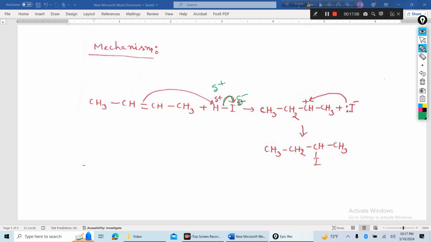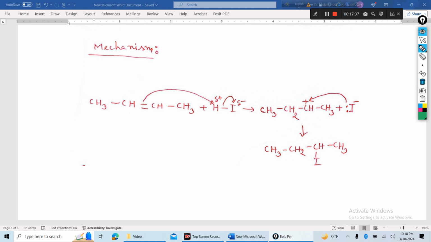Then the pi bond gives electrons to the hydrogen atom, and this hydrogen is added to the left-hand carbon, so it becomes CH2, and the right carbon of the carbon-carbon double bond has become positive. Positive carbon means carbonium ion or carbocation.